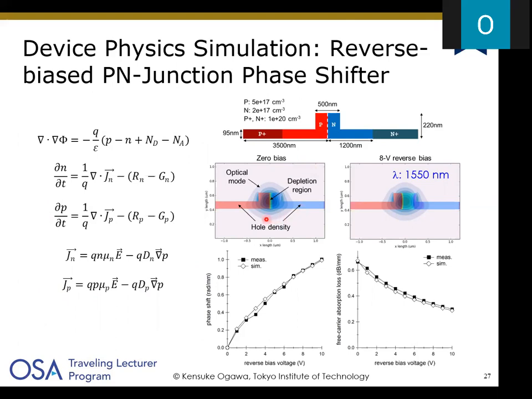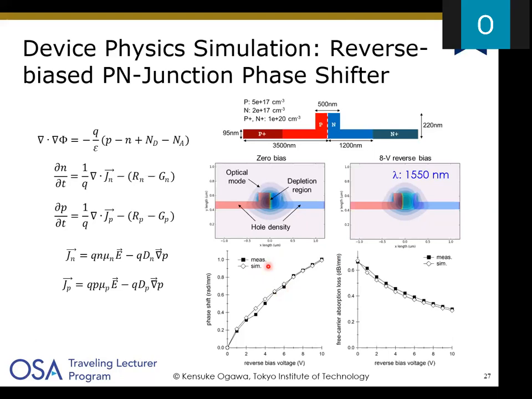And you can map out the carrier distributions in the waveguide, and calculate the phase shift using the optical mode obtained from the finite element method or field mode matching method. And you can generate the phase shift as a function of reverse bias voltage in a simulation and compare that with the measurement.